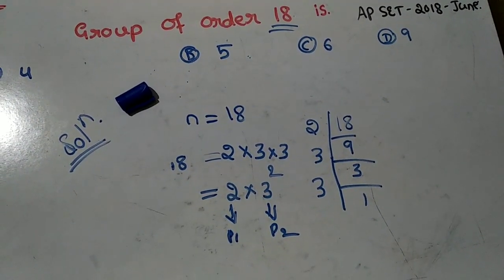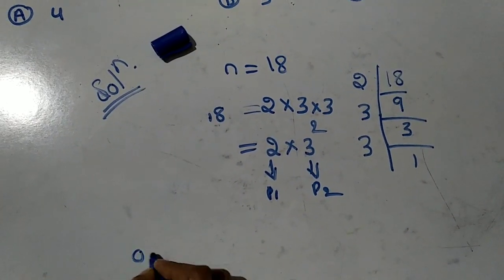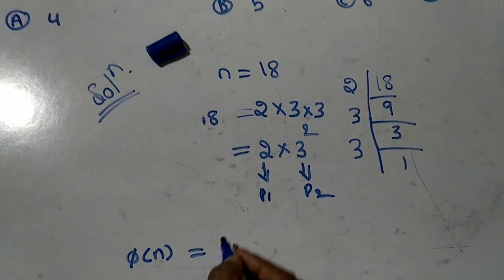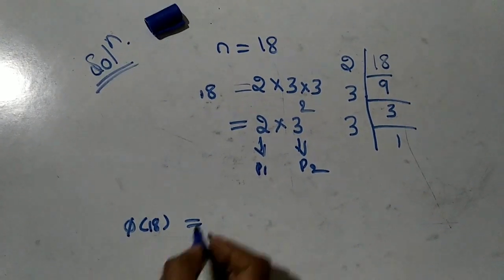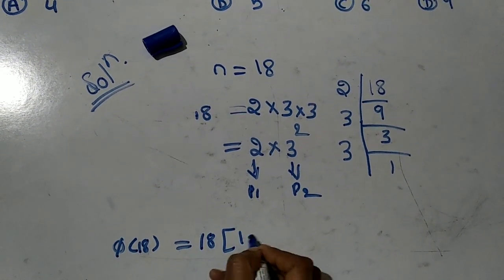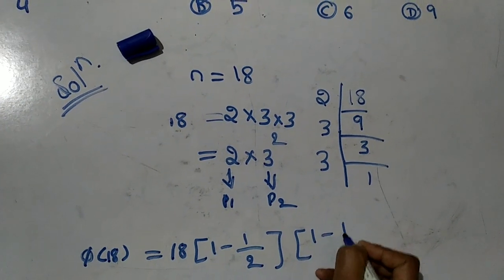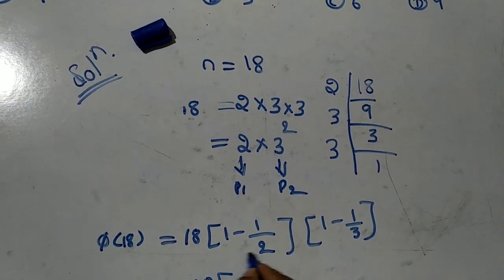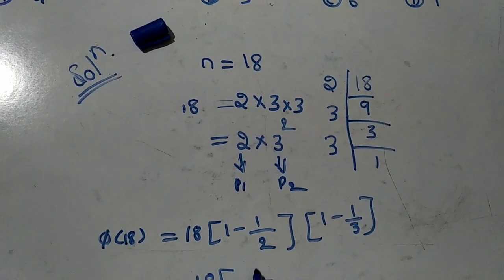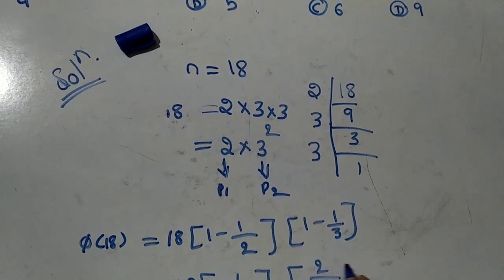So now for finding the number of generators in a cyclic group, what we have to do is use the Euler function formula. Okay, so I'm going to apply that formula here. So n, what is our n here? N is 18. So 18 into (1 minus 1 by p1). My p1 is 2 and my p2 is what? That is 3. So 18, and LCM is 2. 2 minus 1 gives me 1, and this is 3. 3 minus 1 gives me 2, right?